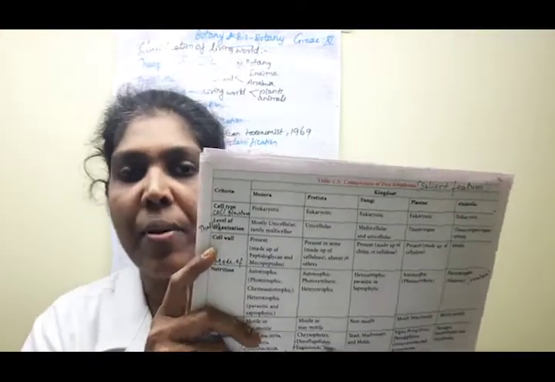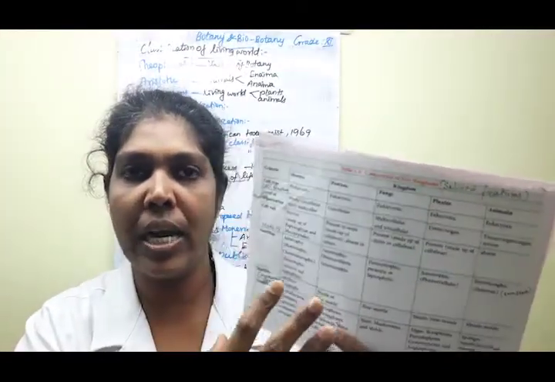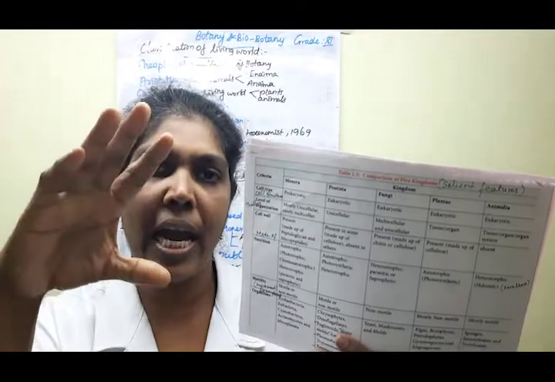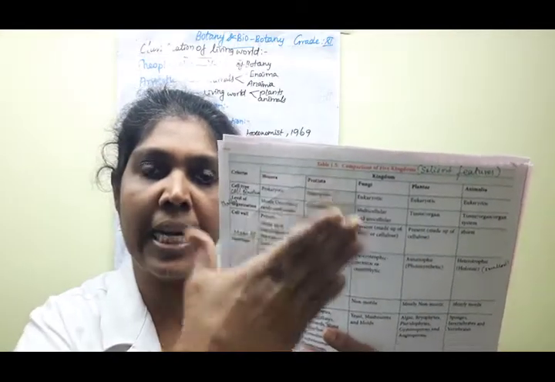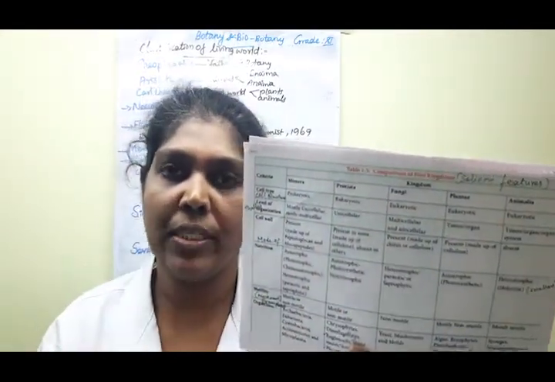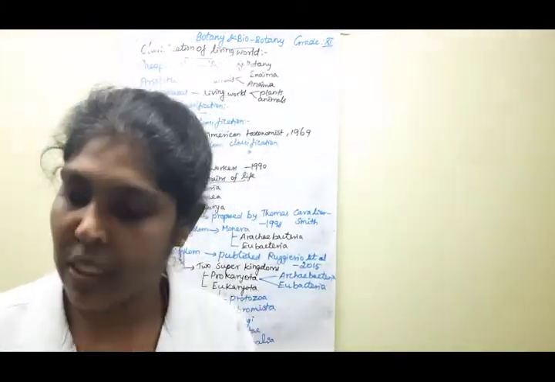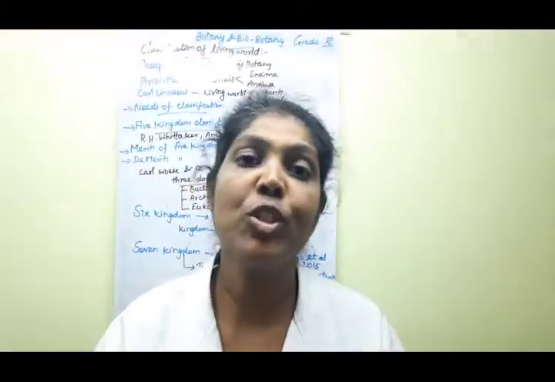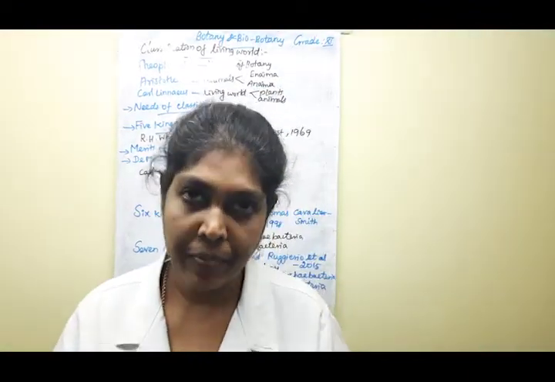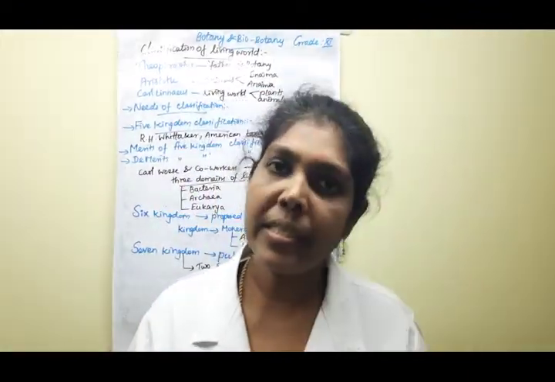Already you are familiar with all these words, children. Which type of characteristic features they place under each kingdom. Understood, ma'am? Yes. Next we are going to move on from this 5 kingdom system of classification. What are the merits and demerits of this system?